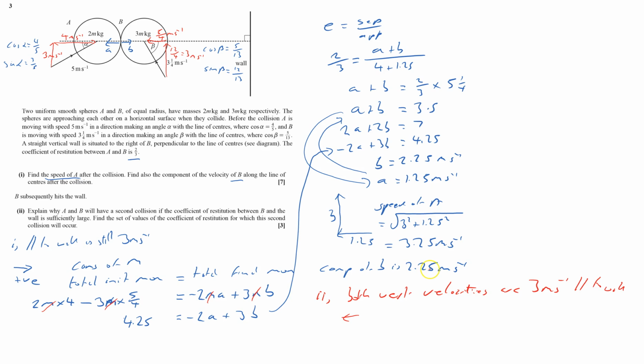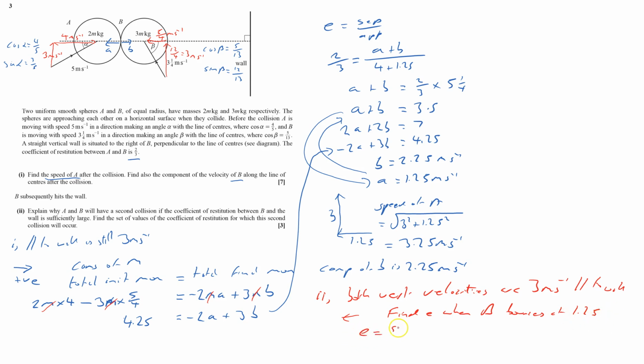If it were perfectly elastic, it would bounce back at 2.25, which would catch up the 1.25. So we're going to find E when B bounces at 1.25, and E must be greater than that.